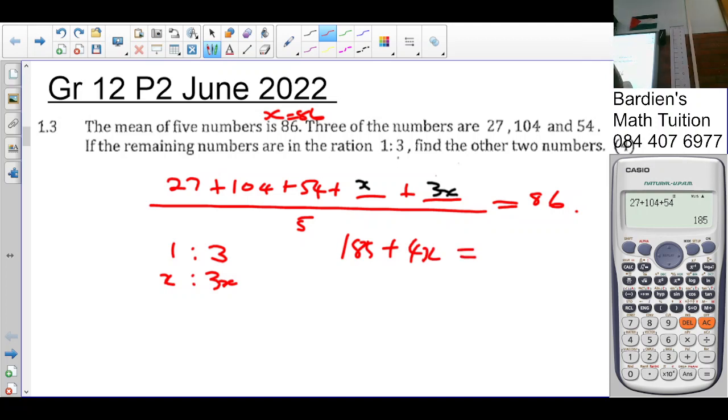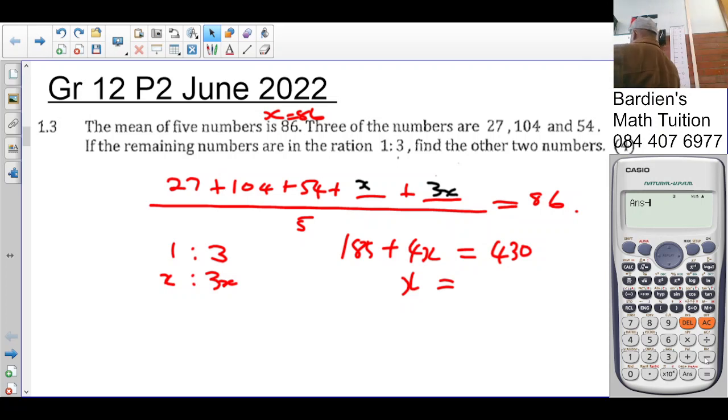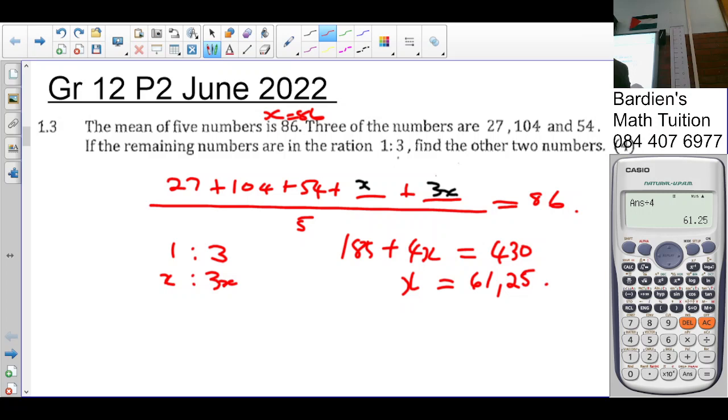So cross multiply. 86 times 5 gives you 430. Okay. So 430 minus 185, divided by 4. So the number is 61,25.